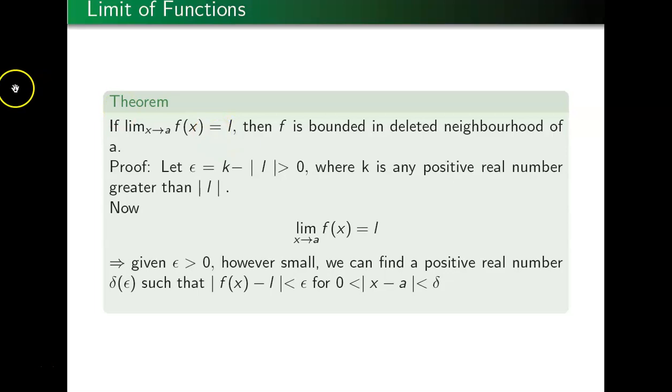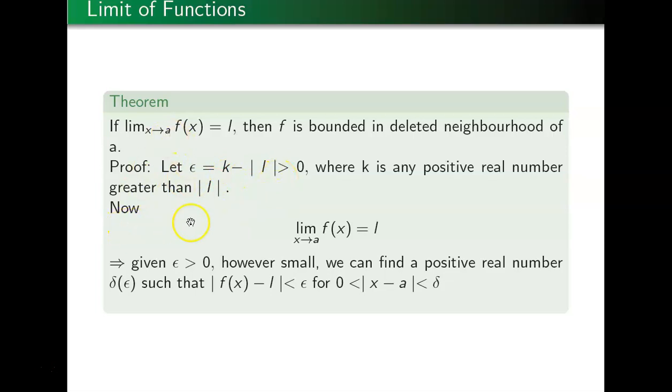To prove this theorem, we will be using the epsilon delta definition here as well. In the start of the theorem, we define epsilon equal to k minus mod L, such that k is any positive real number greater than mod L. So choosing this type of epsilon, we start.